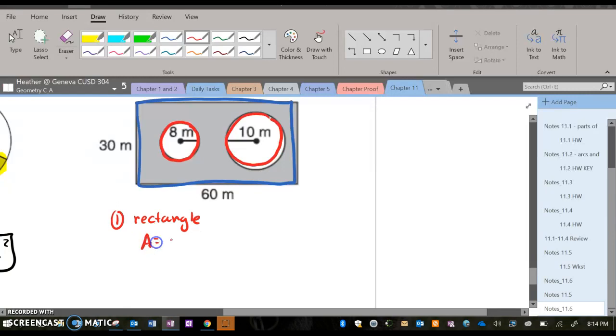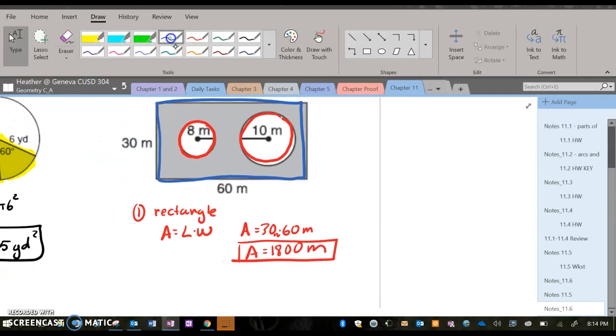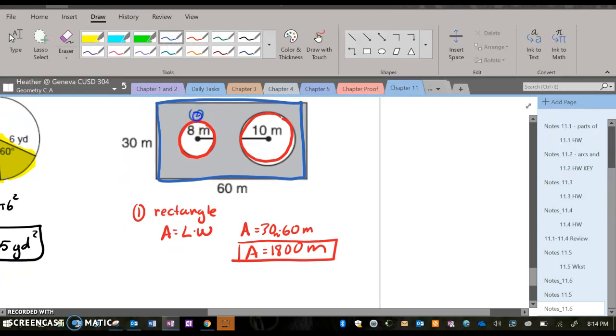Okay, so the area of the rectangle is length times width. So we have area equals 30 times 60. Okay, and those are meters. So then our area for a rectangle is 18,000 meters squared. Next, second step here, is the area of the little circle.